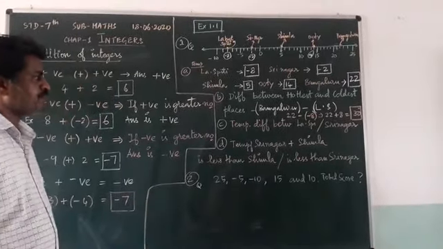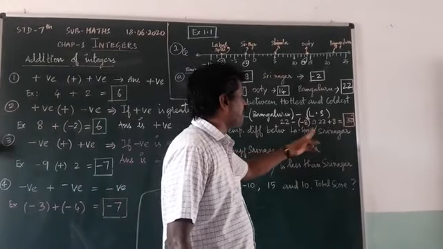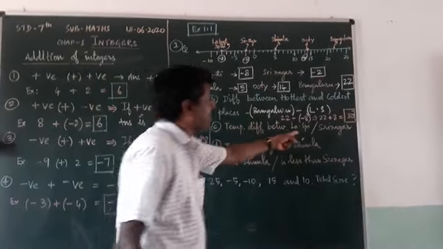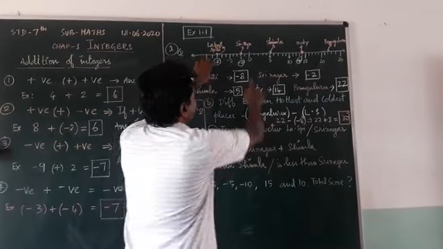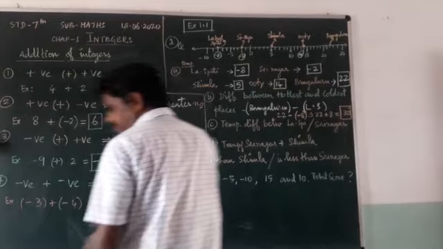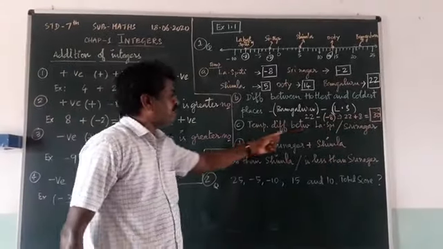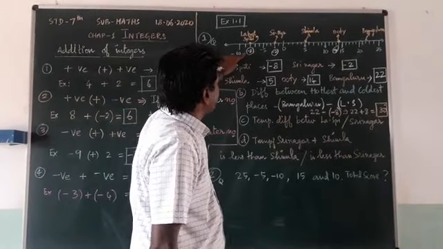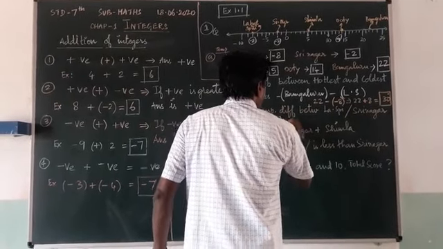Okay? Next one. Temperature difference between Lahul Spiti and Srinagar. What are the Lahul Spiti and Srinagar temperatures? These two temperature differences they are asking. Lahul Spiti temperature is -8.